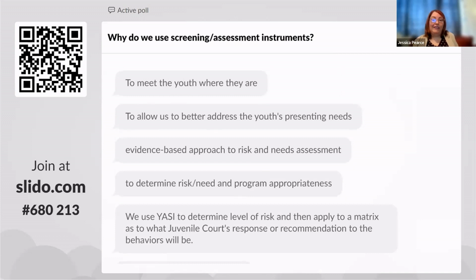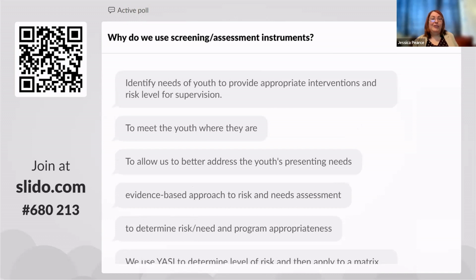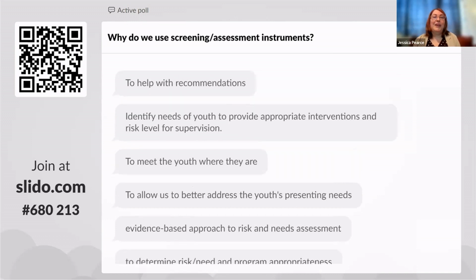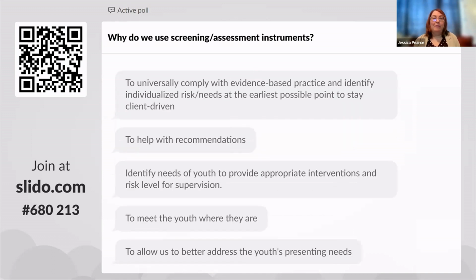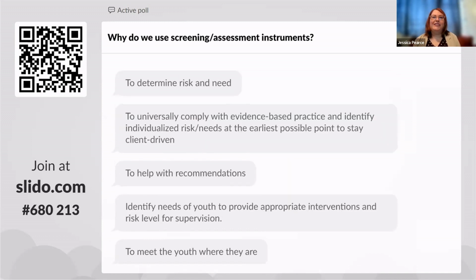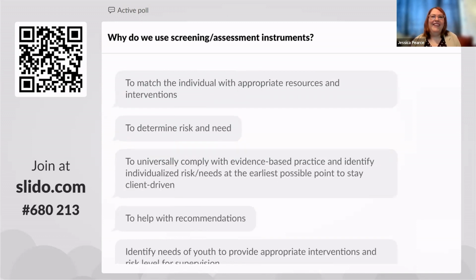I'll use the YASI to determine level of risk and then apply a matrix. So you're really doing that scientific approach to identify the needs of youth and provide appropriate interventions, to universally comply with evidence-based practice. Some of these are like the dictionary definition, I think.